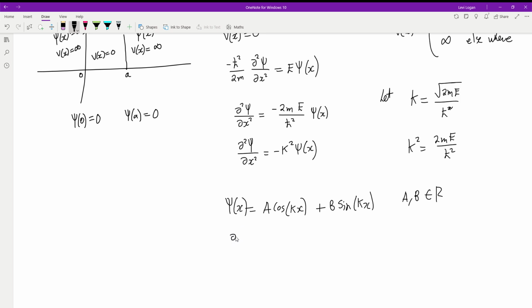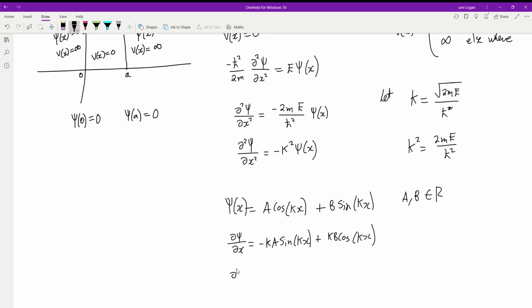If we differentiate this, our first derivative is going to be, bring the k to the front, negative k a sine of kx. Differentiate this bit, it's going to be kb cos of kx.